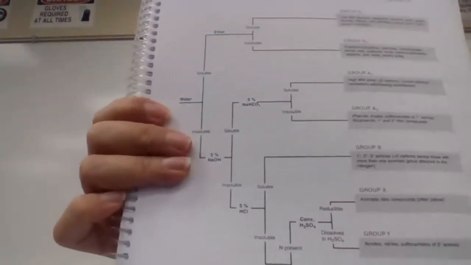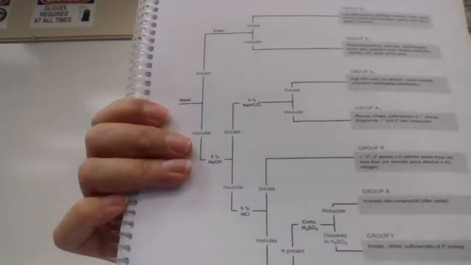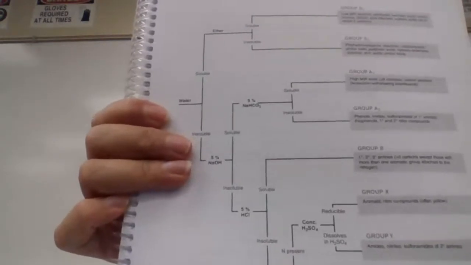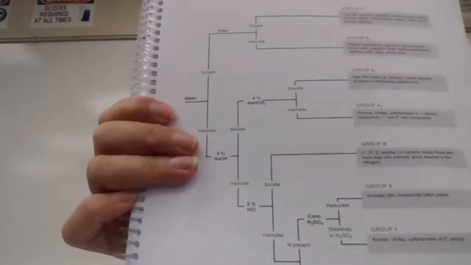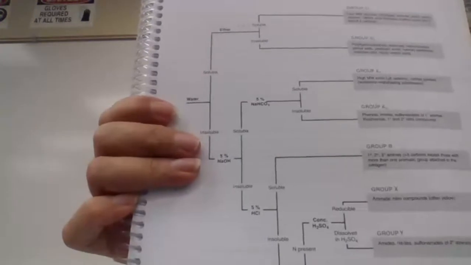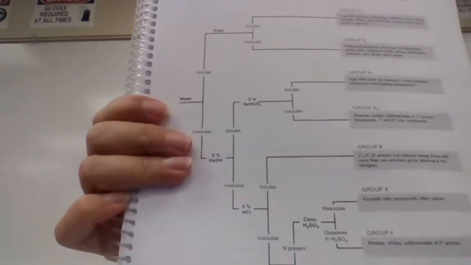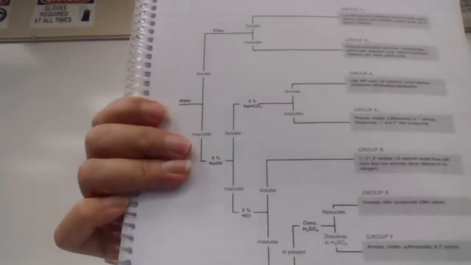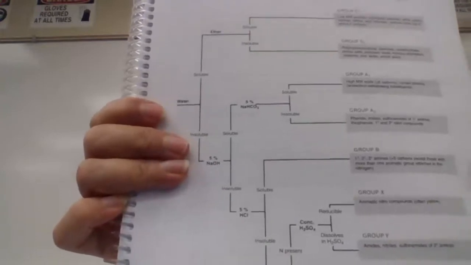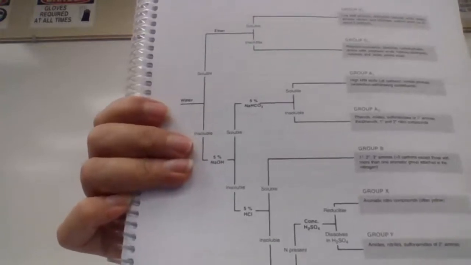So you had to go all the way down to sulfuric acid. That means it did not dissolve in water, it didn't dissolve in sodium hydroxide, it didn't dissolve in HCl. Then you tried the sulfuric acid.